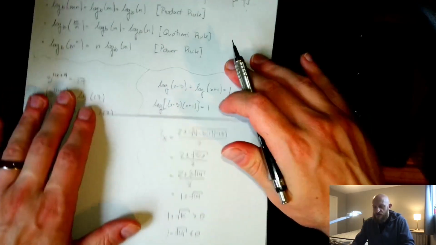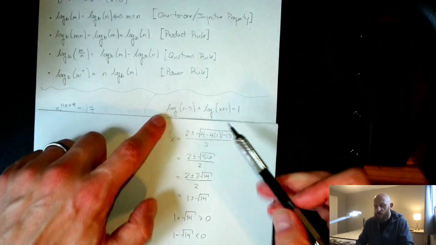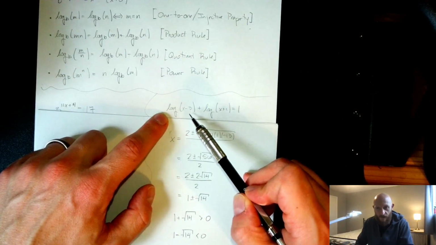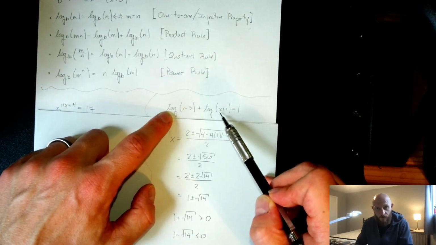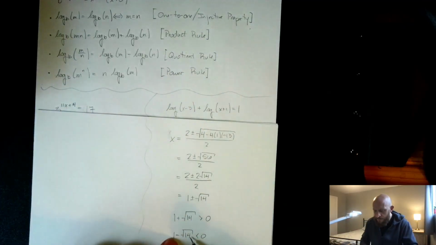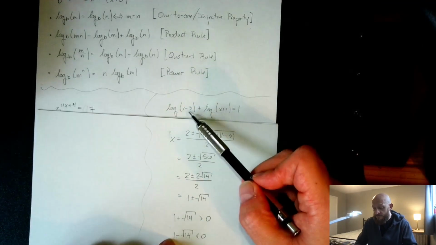And the original equation was given with logarithms on the left-hand side. So this number right here is less than 0, and in particular, it's going to be less than negative 1. Well, actually I can even stop right here, right?